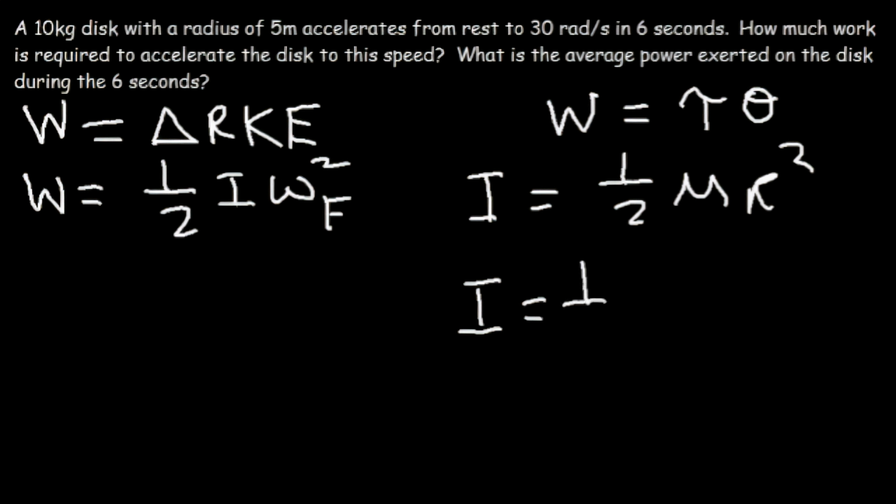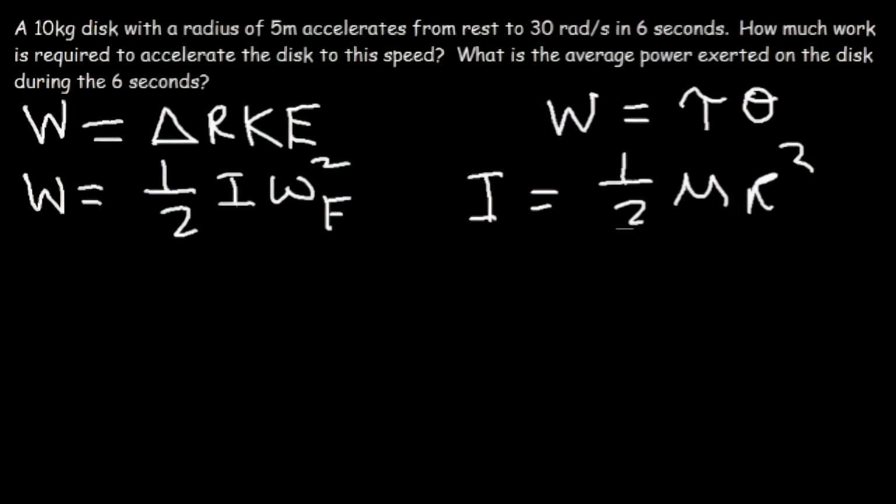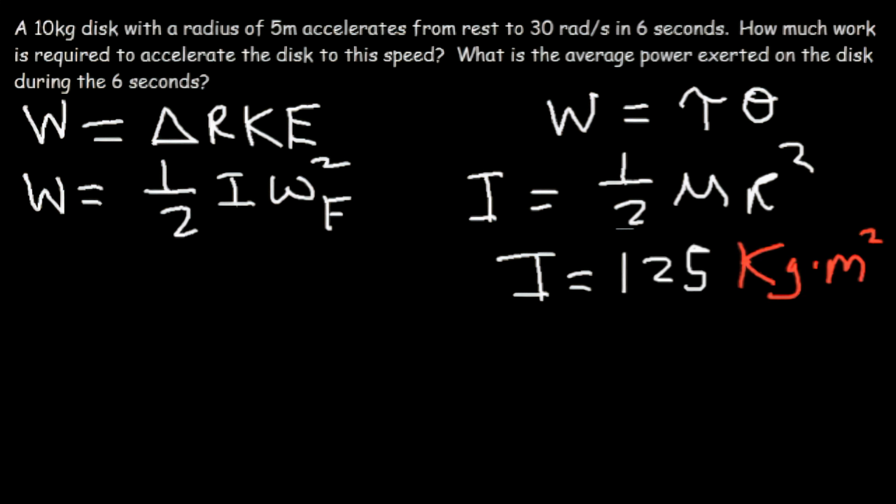The mass of the disk is 10 kilograms, and the radius is 5. 5 squared is 25, and half of 10 is 5. 5 times 25 is 125. So the inertia is 125 kilograms times square meters.